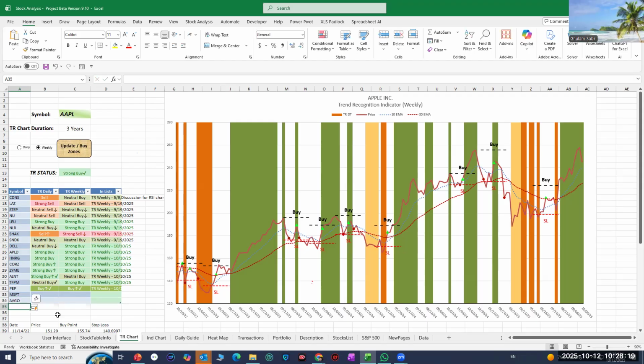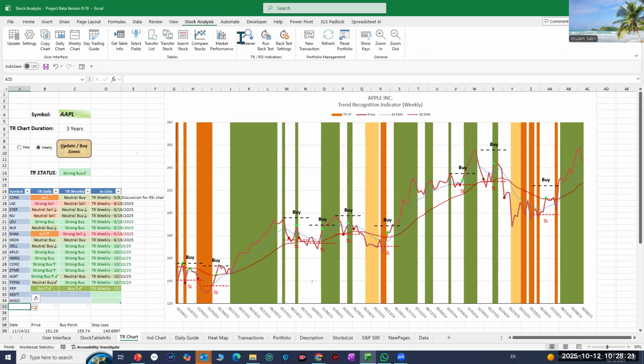If I press go here and run this scanner, it will check each one of them. And you see it says okay, last night was run, so it's not going to update the already evaluated stocks, but it's going to update Microsoft and Broadcom for both daily as well as weekly signals.